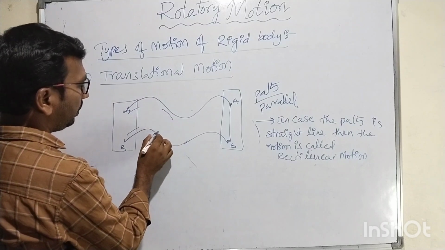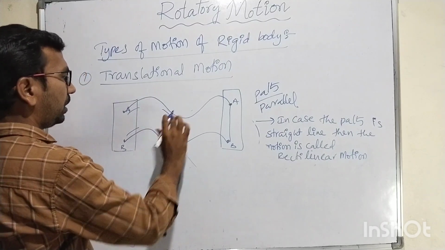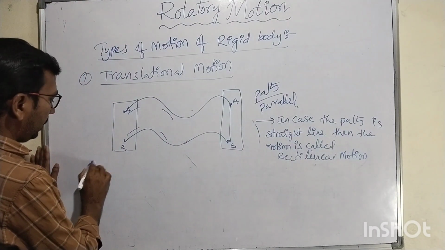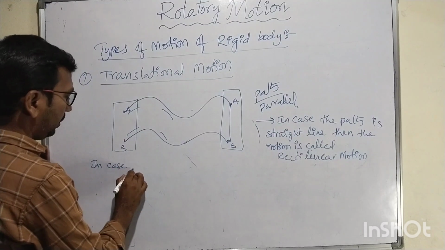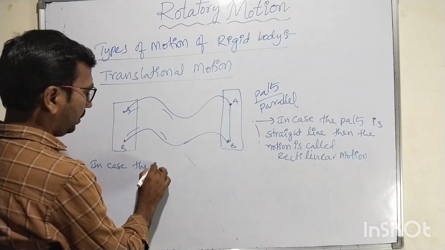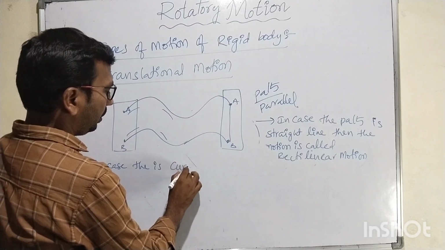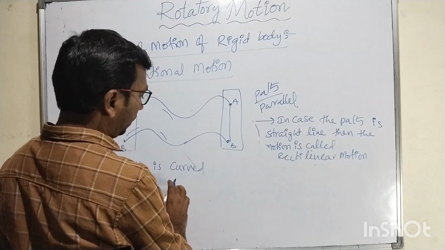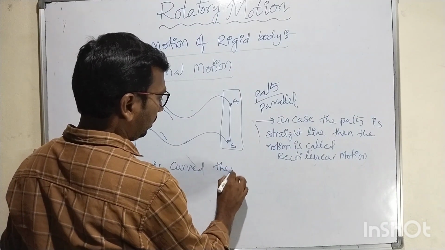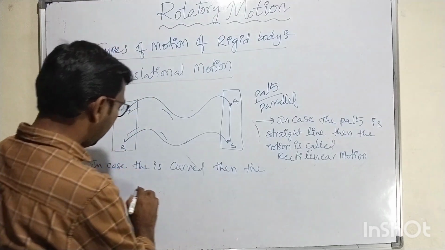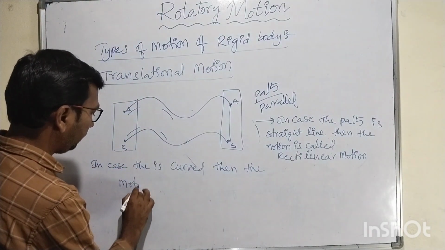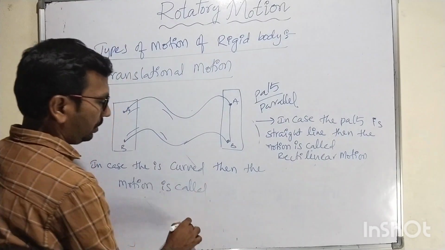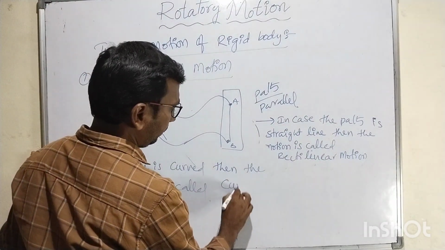In case the path is curved, then the motion is called curvilinear.